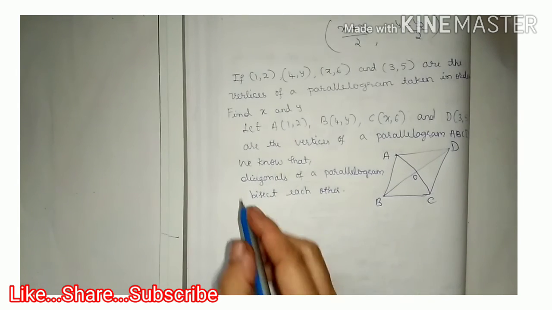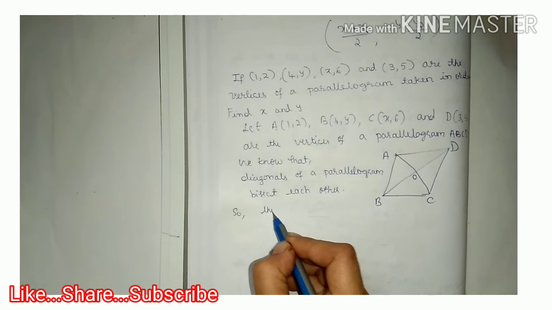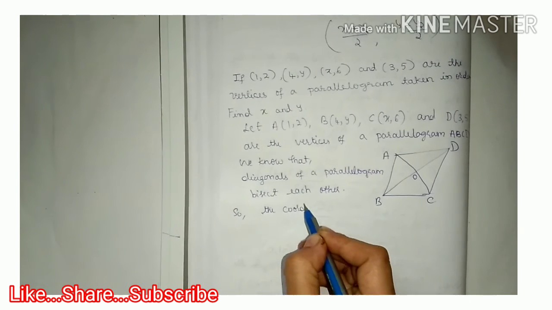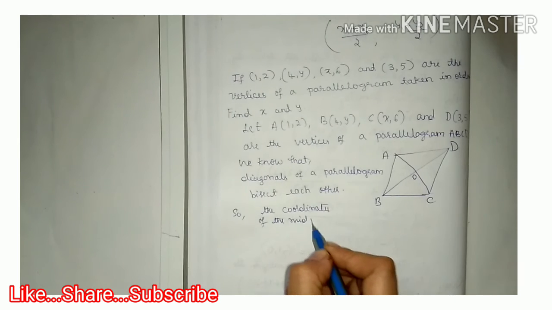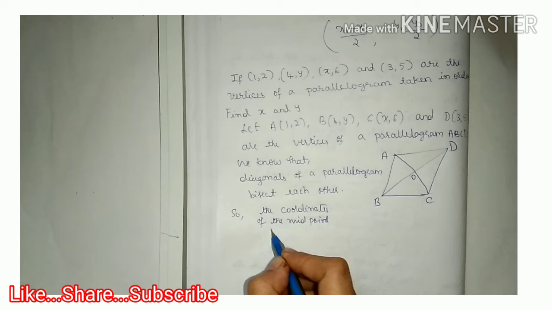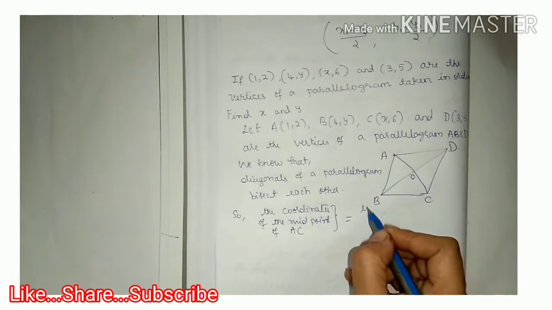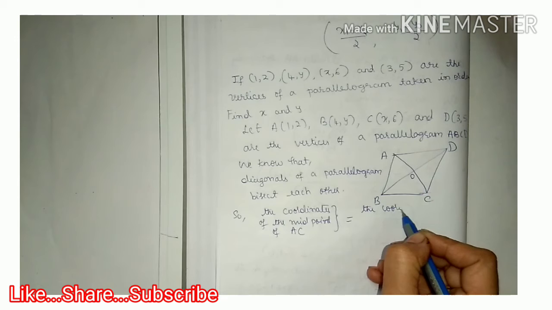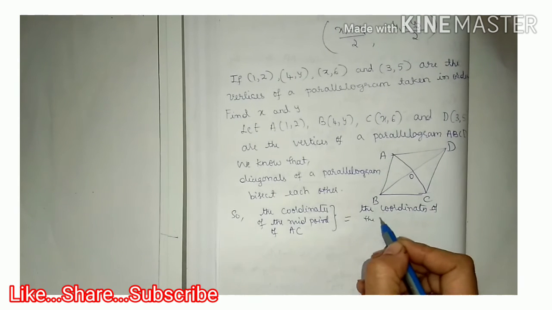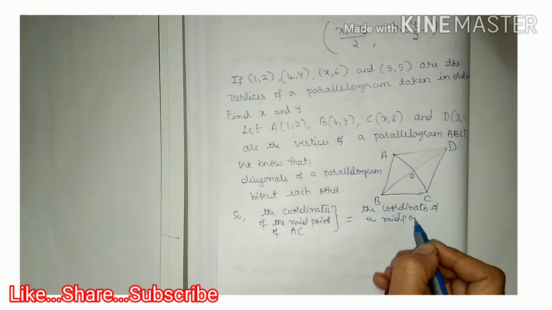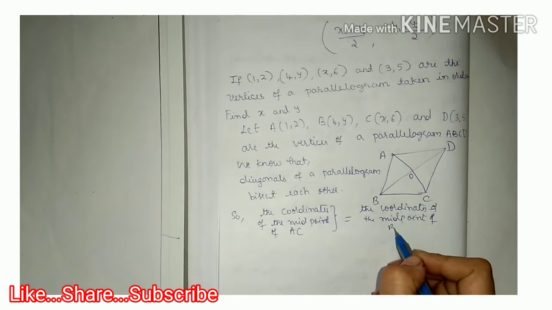Therefore, we can write that the coordinates of the midpoint of AC are equal to the coordinates of the midpoint of BD.